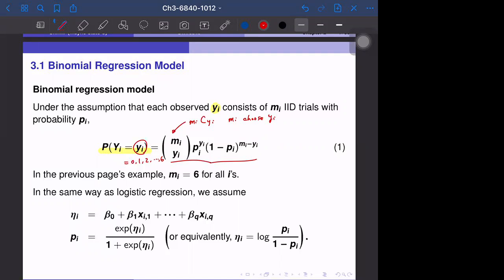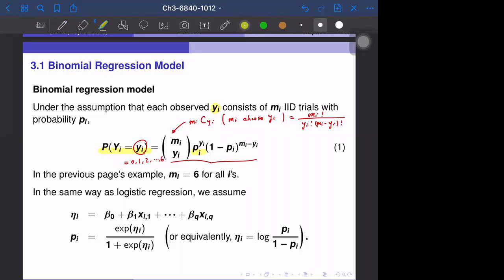For example, 6 choose 5, where we have 6 possibilities, and so on. To be exact, this is mi factorial over yi factorial times mi minus yi factorial. That is mi choose yi, and the other parts are the same.